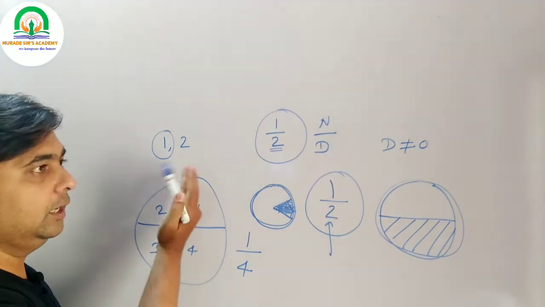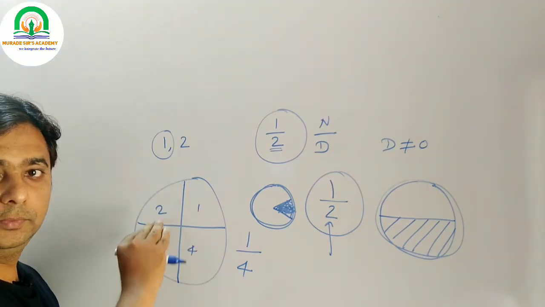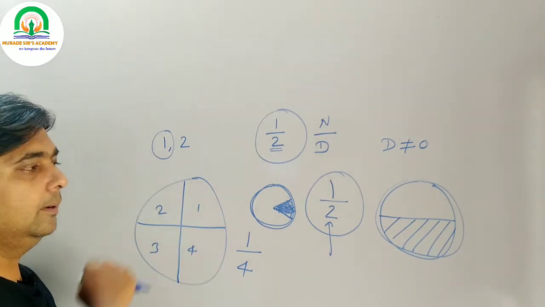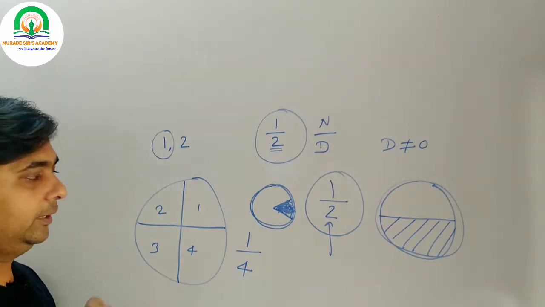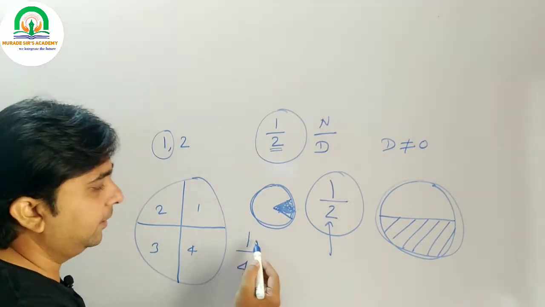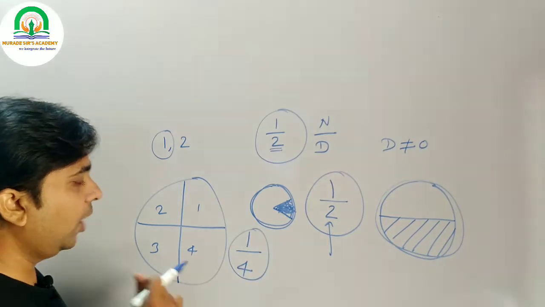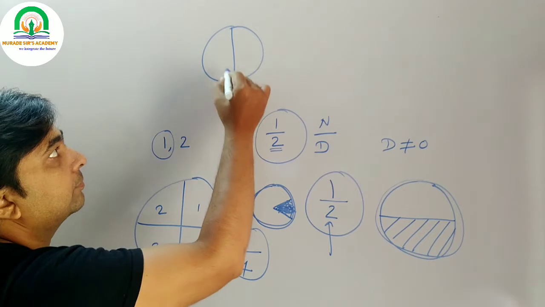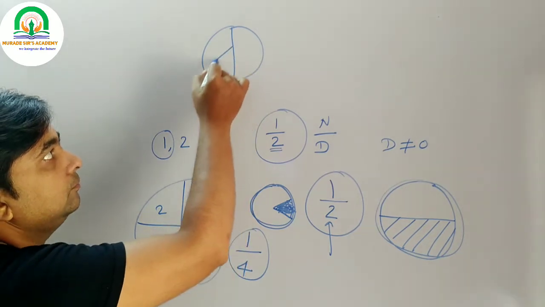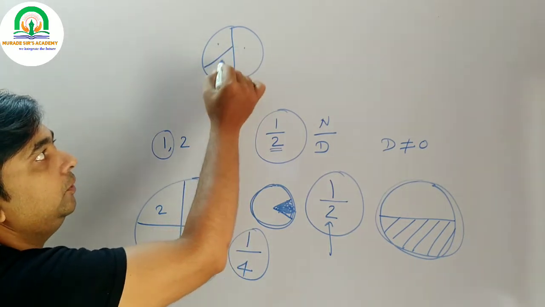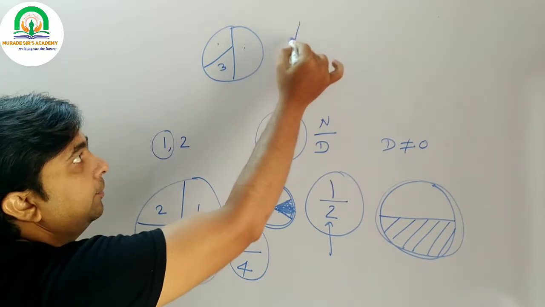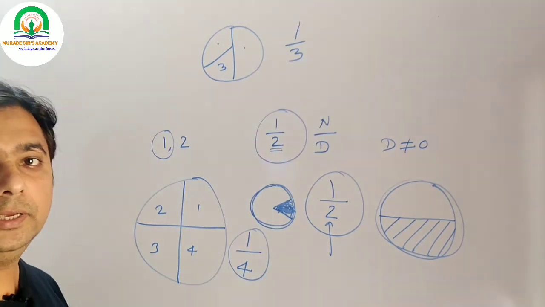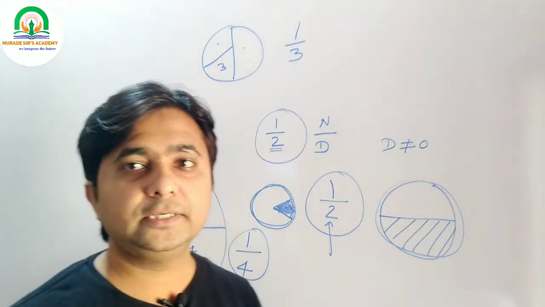I divided this whole thing into 4 parts, and one part is represented by 1 upon 4. If I want to take 3 parts, 1, 2, 3, it is represented by 1 upon 3. Okay, in this way we represent fraction numbers.